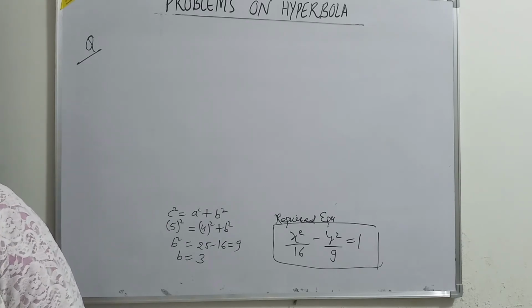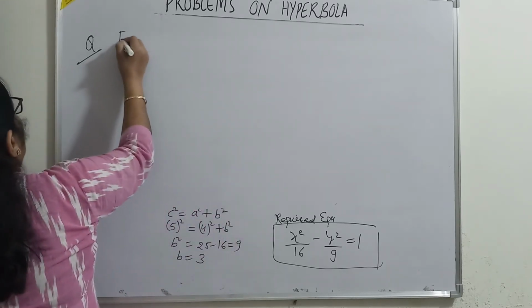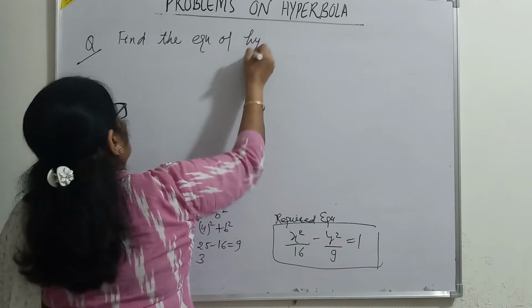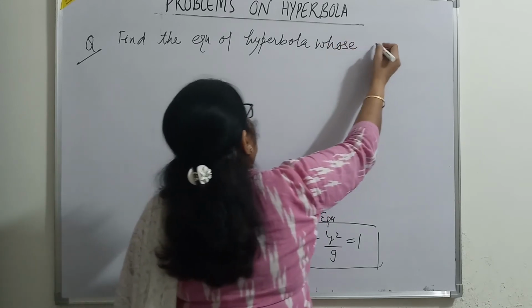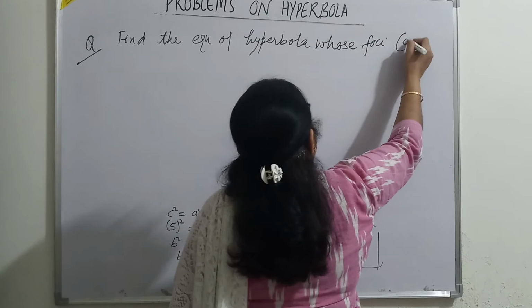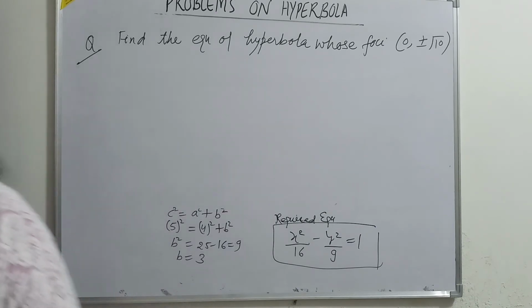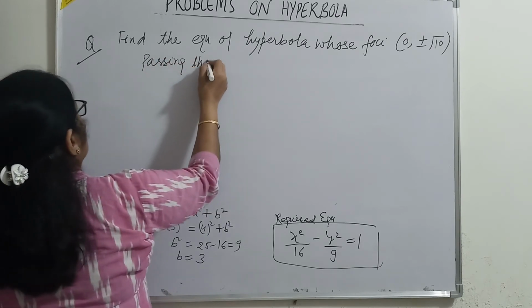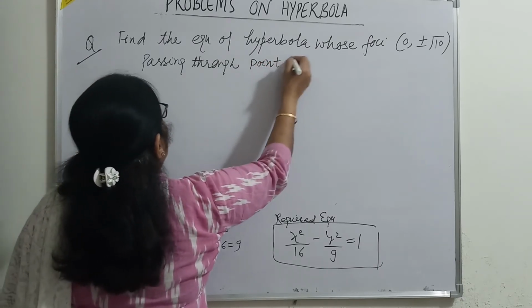Find the equation of the hyperbola whose foci are at 0, ±√10, and which is passing through the point whose coordinates are 2, 3.